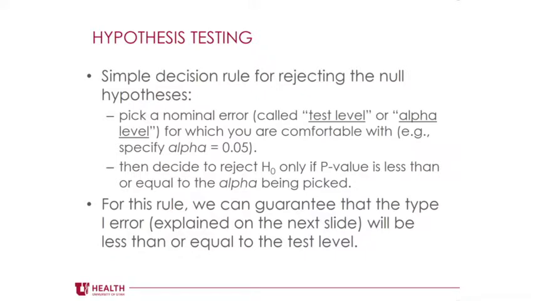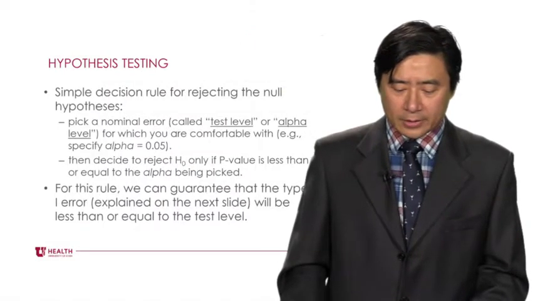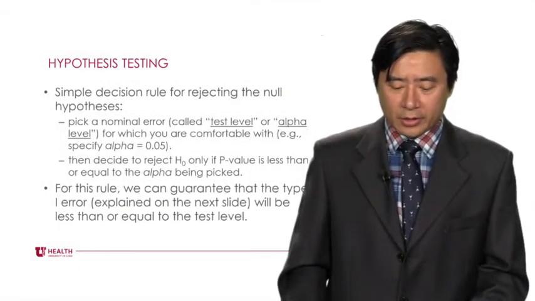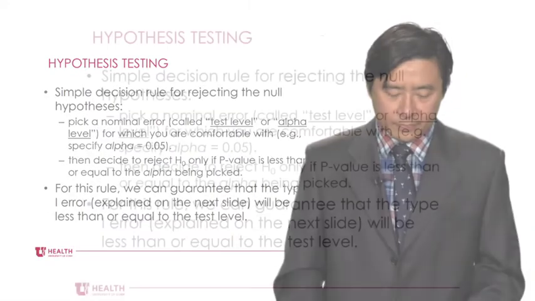Hypothesis testing. In order to do the hypothesis test, we need a simple decision rule for rejecting the null hypothesis, and therefore you can say we reject the null hypothesis and we can use the alternative hypothesis to help us make conclusions.